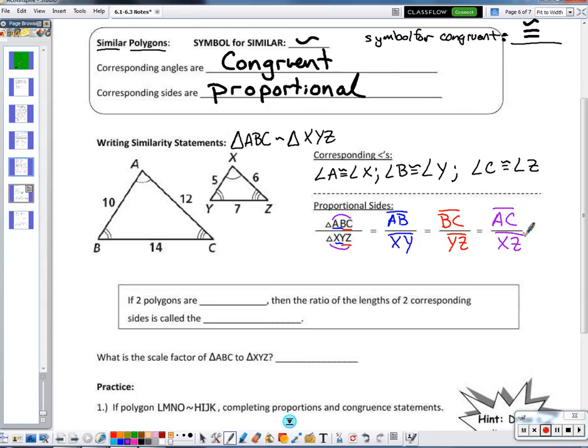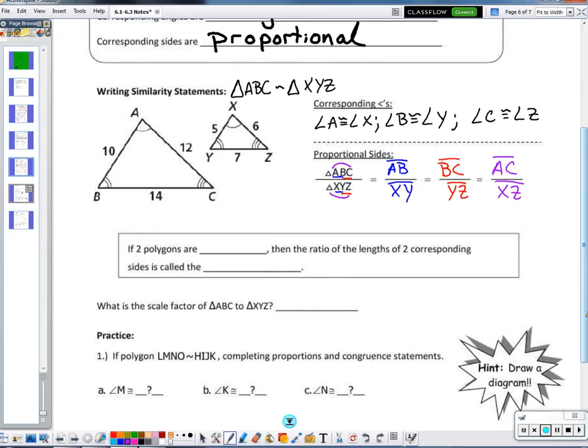All right, so if two triangles or two polygons per se, any type of closed-sided figure, are similar, then the ratio of their two corresponding side lengths is called a scale factor.